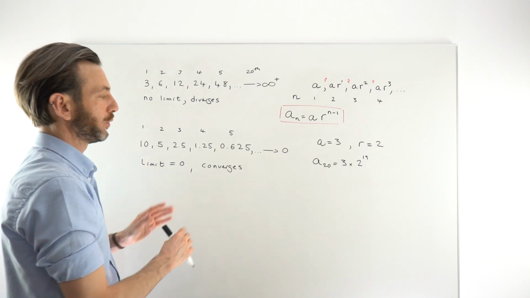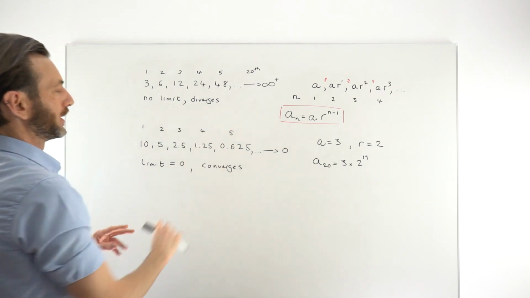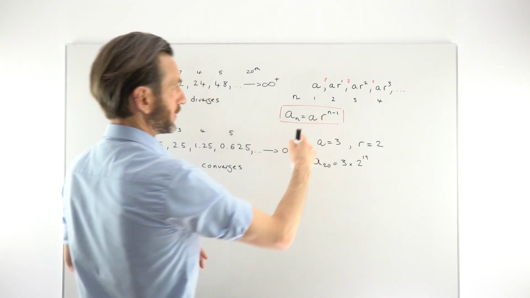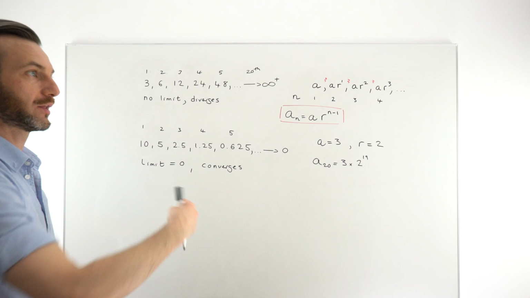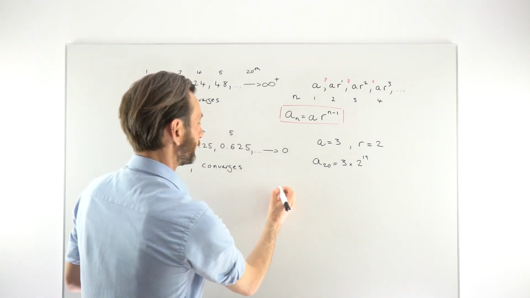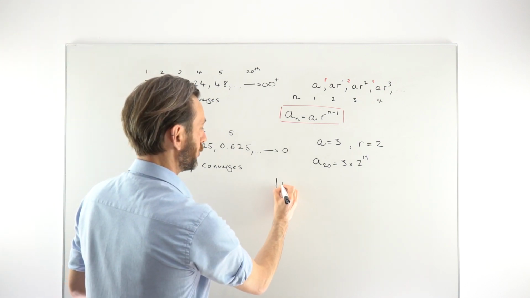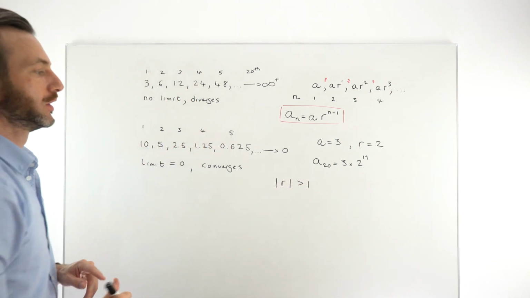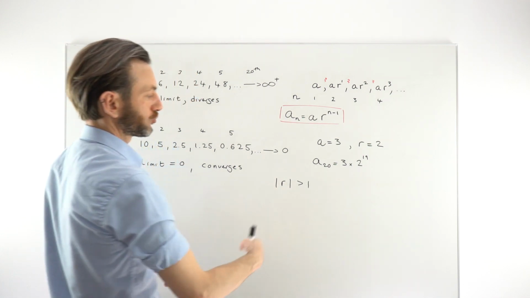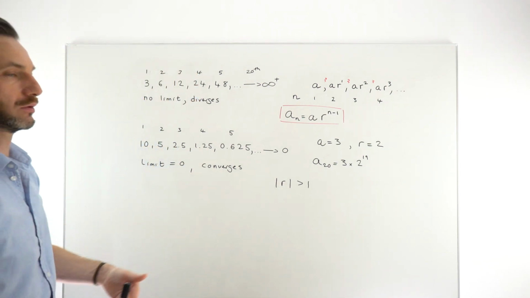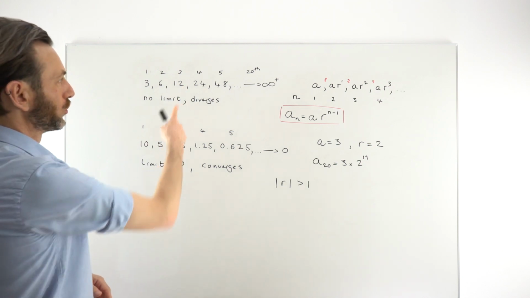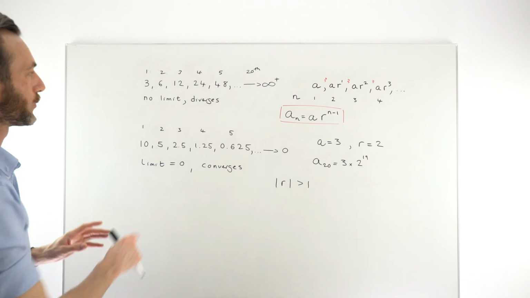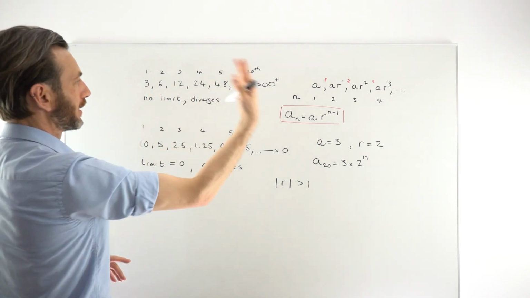What about these guys? Well, what is the difference between these two? Well, the general rule is that if your common ratio is more than 1 or less than minus 1, so we would say then that the absolute value of the common ratio is more than 1. So in other words, r has to be strictly greater than 1. So 1.2 or 1.5 or 2 or 5 or 10 or 100, some whole number, then in that case, obviously the numbers are just going to keep getting bigger every time.